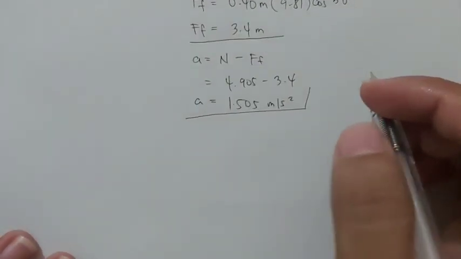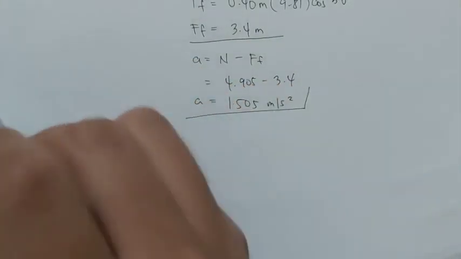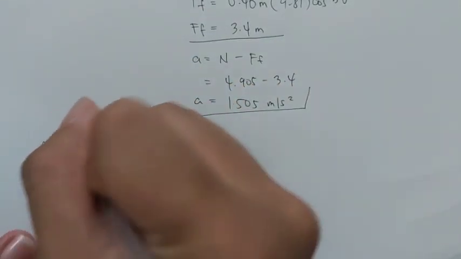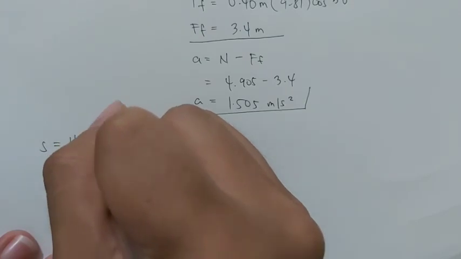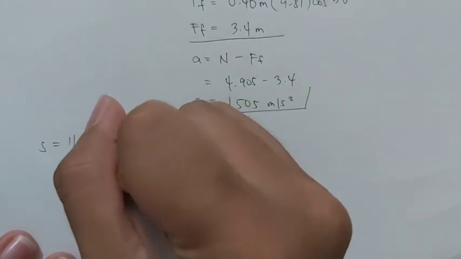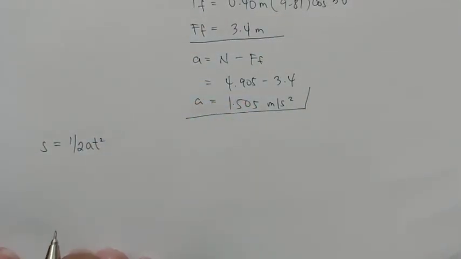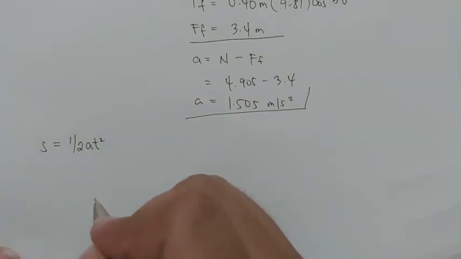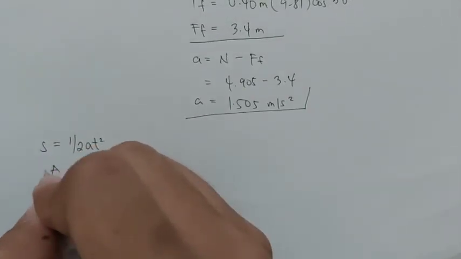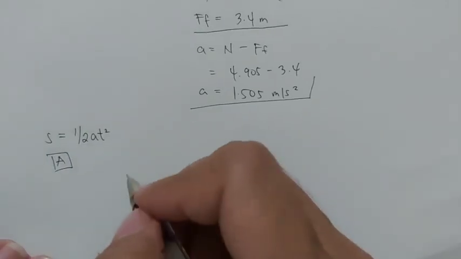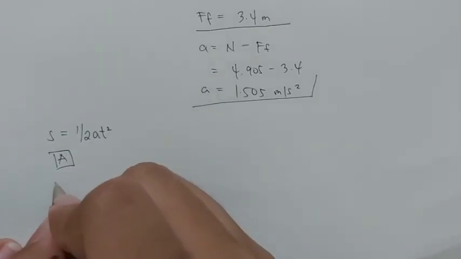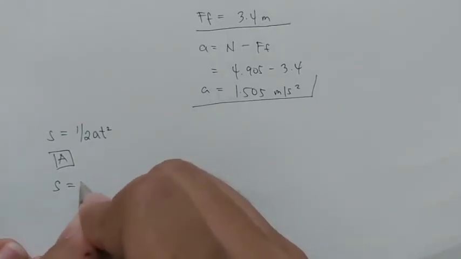So, for that, meron tayong formula which is s is equal to 1/2 acceleration times time squared. Okay? So, for block A, we have s is equal to 1/2.